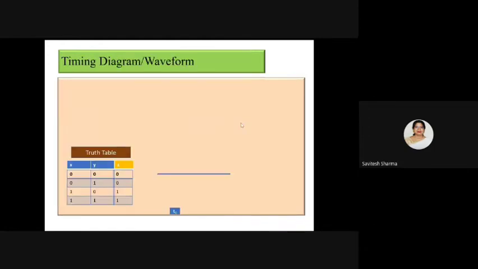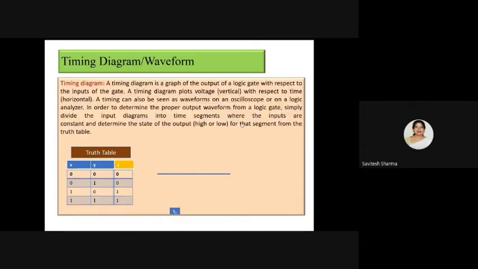Another way of representation is the timing diagram. So what is a timing diagram? Actually, it is a graph plotted with respect to time and voltage. On the x-axis you will draw time, and on the y-axis you will draw voltage.